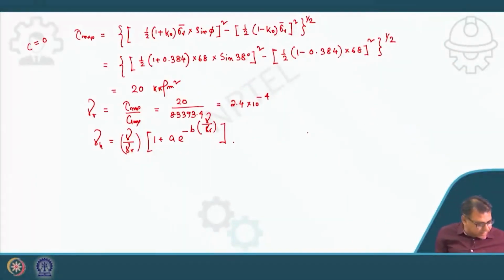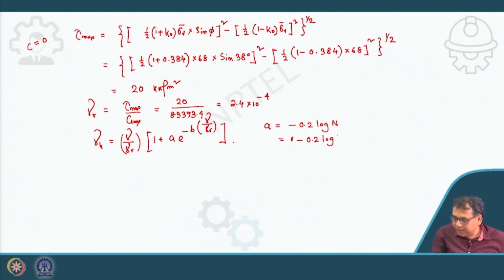Okay, so my A is given as equal to minus 0.2 log base 10 N. So it is equal to minus 0.2 log N, where N is 7, the total number of cycles.